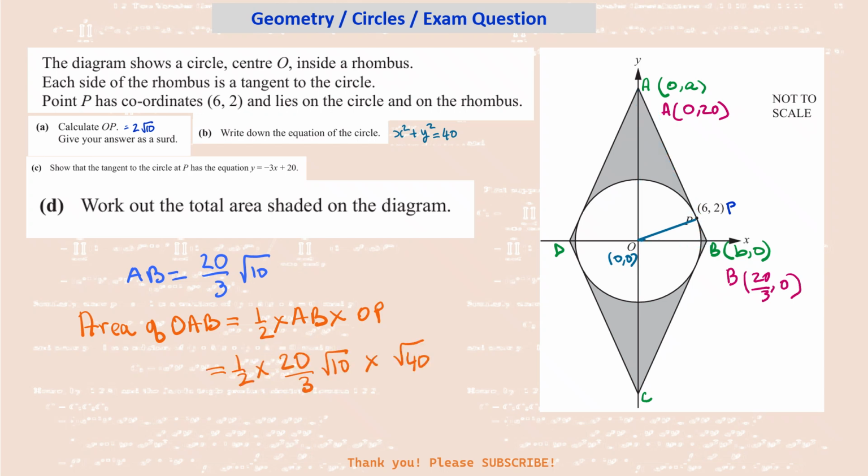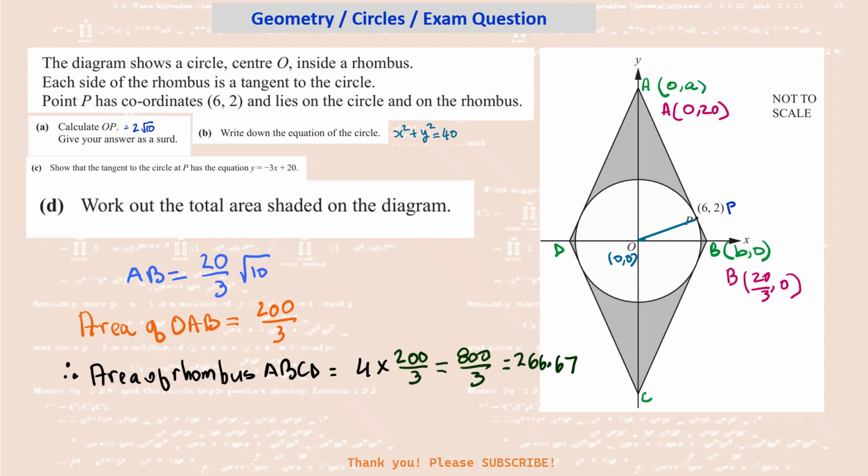So half times AB, which is 20 over 3 times root 10, multiplied by root 40, which is the height, which is a perpendicular, and that would give you 200 over 3 as the area. So the area of OAB is 200 over 3. The area of the rhombus ABCD was therefore 4 times 200 over 3, and that in decimal is 266.67.